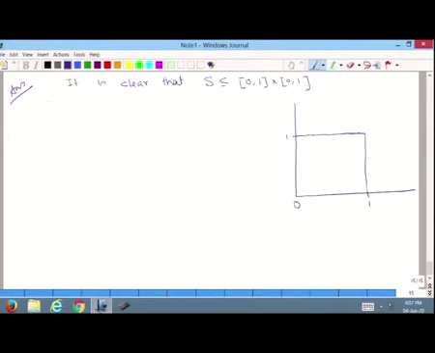We have to find the area and perimeter of S. Now, given that 0.5 ≤ P(A ∪ B) ≤ 1, because this is obvious. All probabilities are less than or equal to 1.